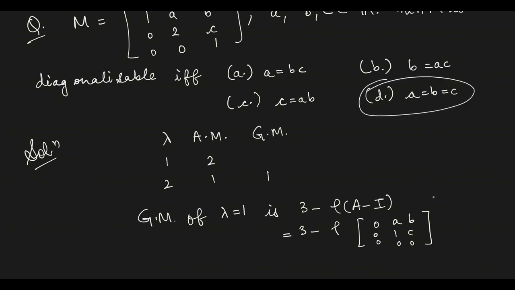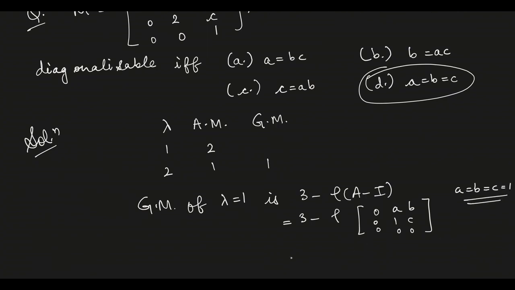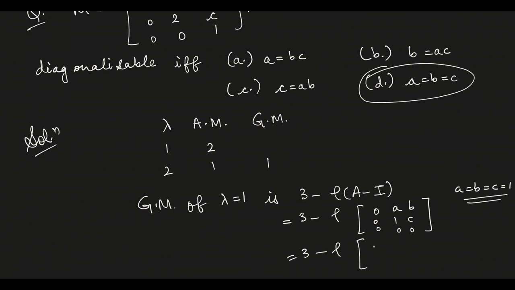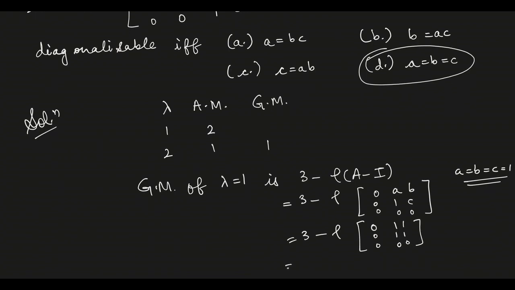If I take all the values A, B, C the same, all of them as 1, then 3 minus rank, so 3 minus 1, 2. This satisfies. A equal to B equal to C.